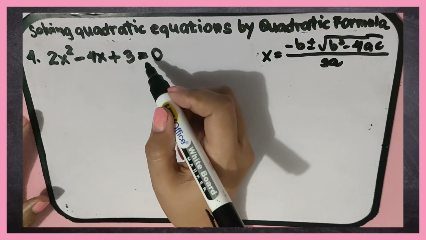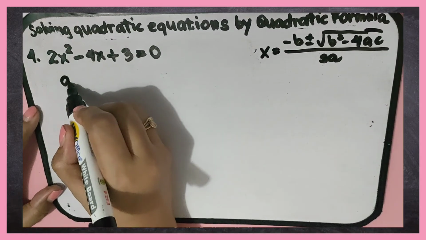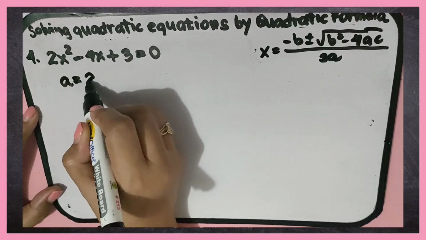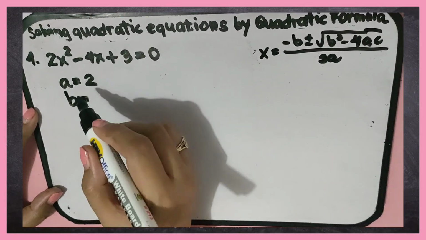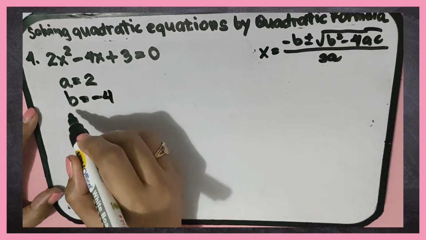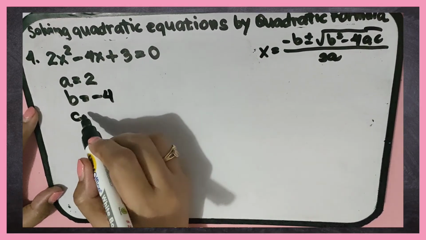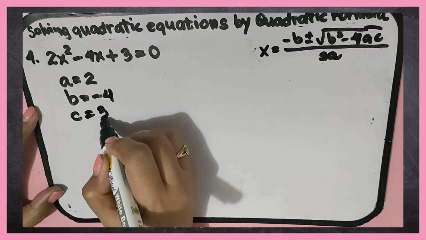So again, determine the value of A. So we have 2. B is negative 4. Then C is 3.